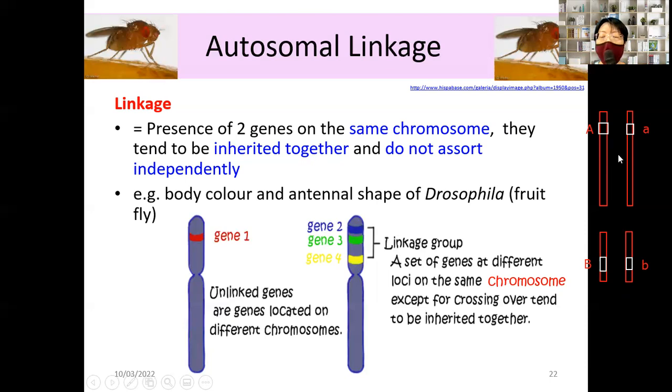This pair has 2 ways of arranging. This pair has 2 ways. So altogether, 2 times 2 is 4. So you get 4 types of gametes.